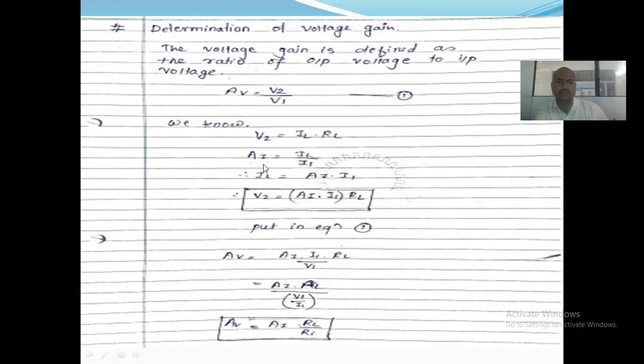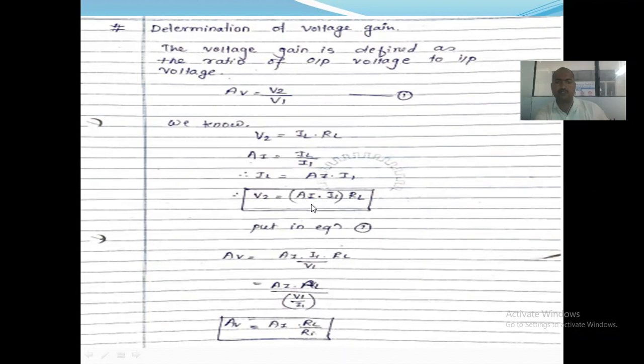So IL equals AI into I1. Where IL is present, we put AI into I1 in the equation. So V2 equals IL, that is AI into I1, into RL. This is the equation with respect to V2.